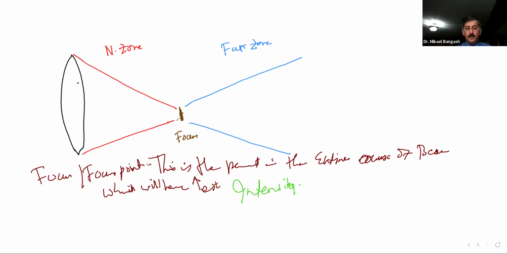So the focus or your focal point is the point in the entire course of the beam, from beginning to end, that will have the highest intensity.